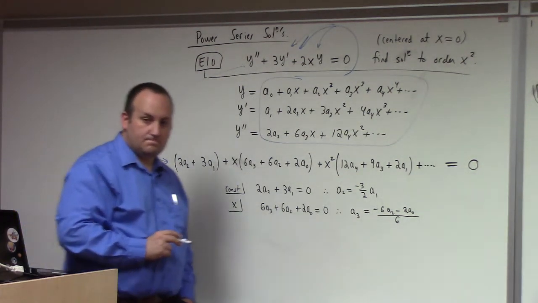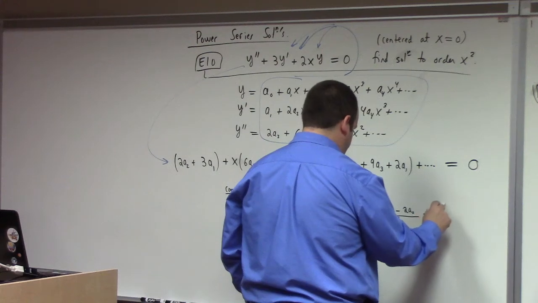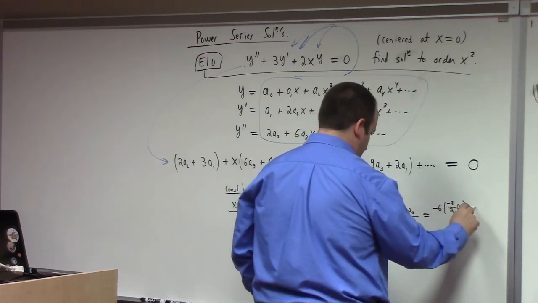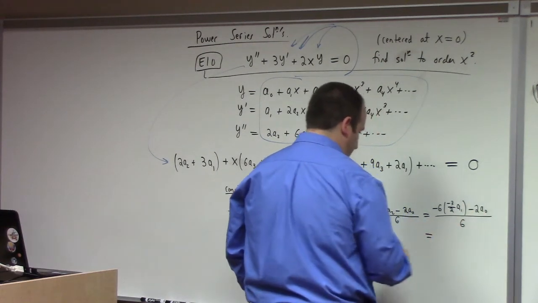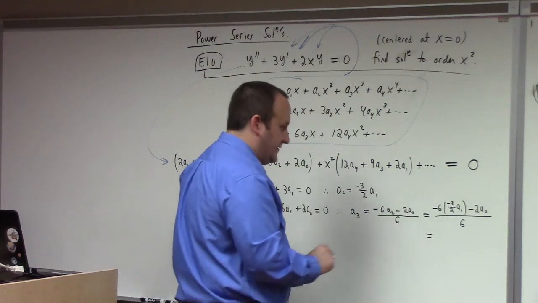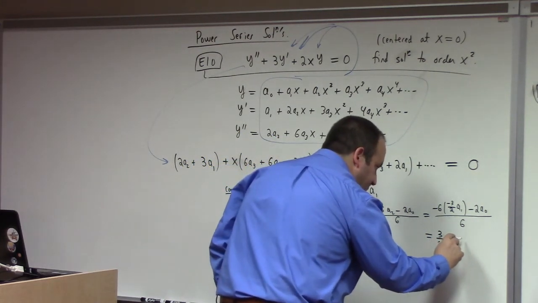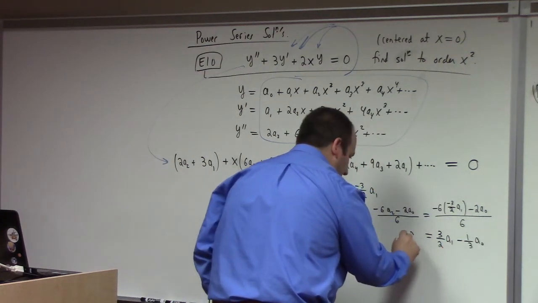Let's see if we can clean that up a little bit. That is 3/2 a1 minus 1/3 a0. That's my a3.